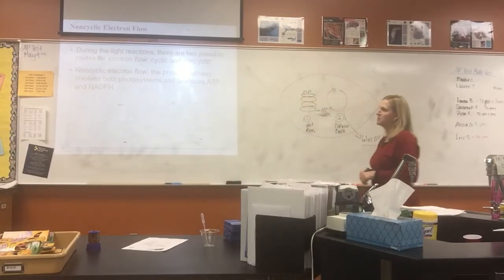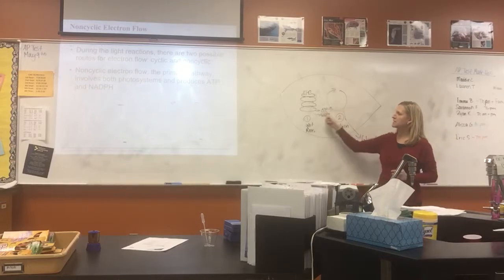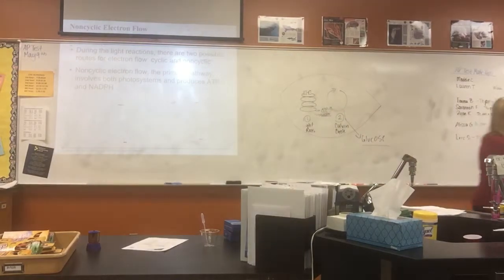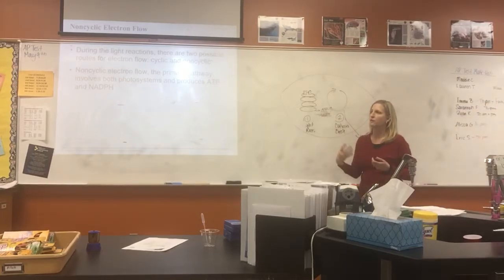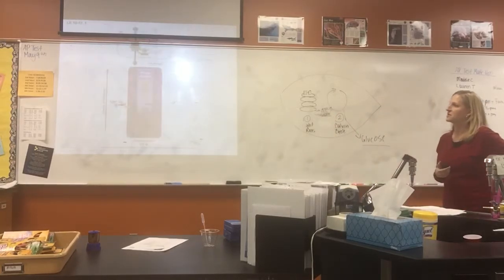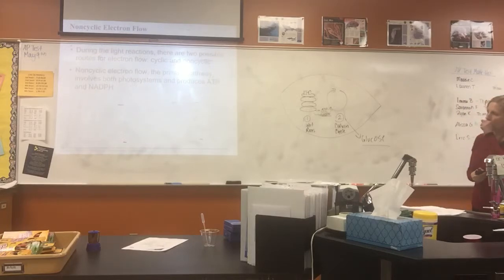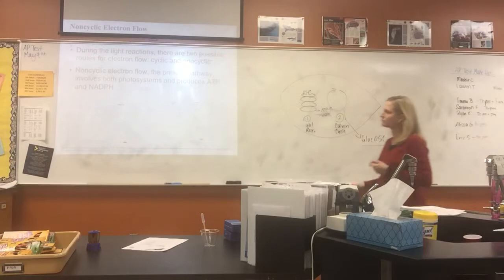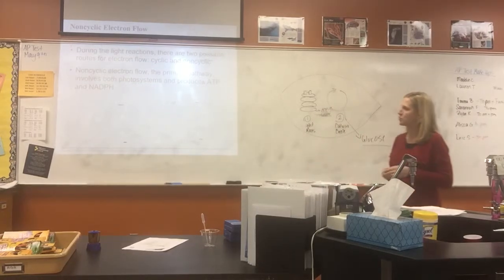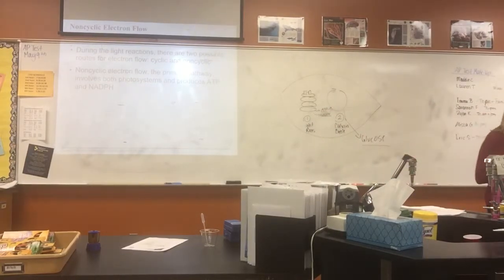It involves both photosystems and is what helps to produce your ATP and your NADPH, which is what we want to get out of the light reactions, the overall purpose of the light reactions. All right, and it's called non-cyclic because it doesn't go in a cycle. So the electrons flow. All right, so tomorrow I'll talk about more of that picture.